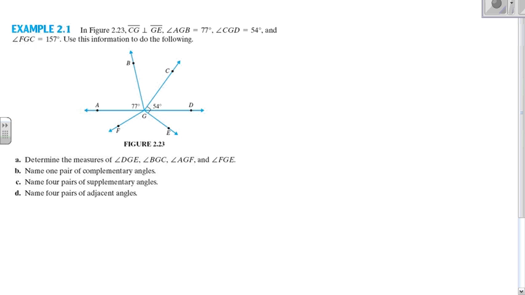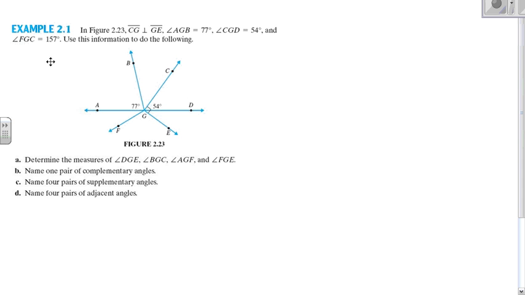So now let's look at an example involving angles. We're told that CG is perpendicular to GE, and that's marked with a right angle there, so that's good. AGB is 77 degrees. That's marked. Angle CGD is 54 degrees.